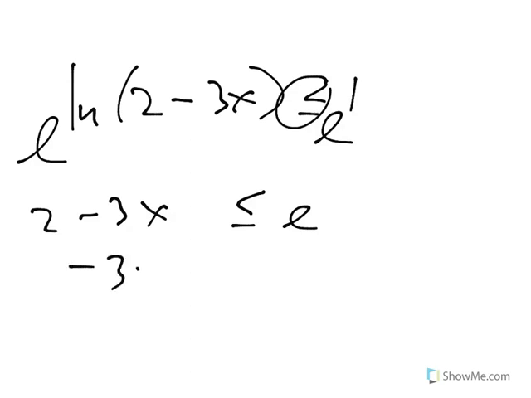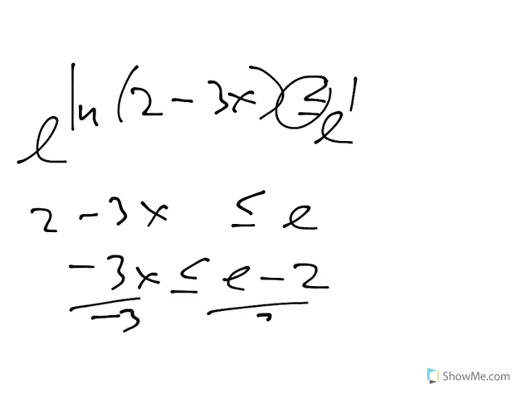What's funny about this one is when I subtract 2 from both sides and then divide both sides by -3, I didn't change the sign around before, but now I'm going to need to because of that rule. So I get e minus 2, the rule of when you divide by a negative.